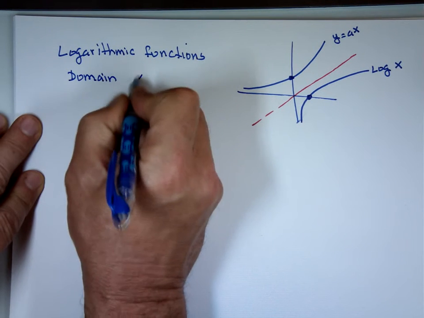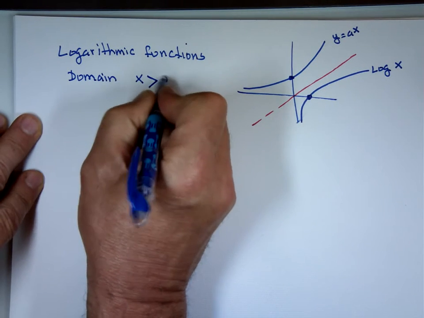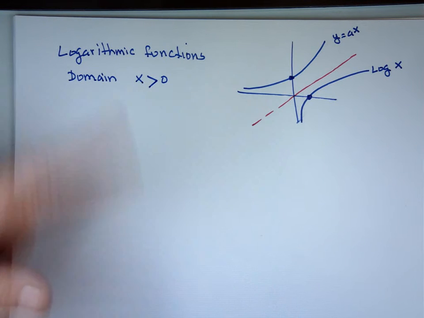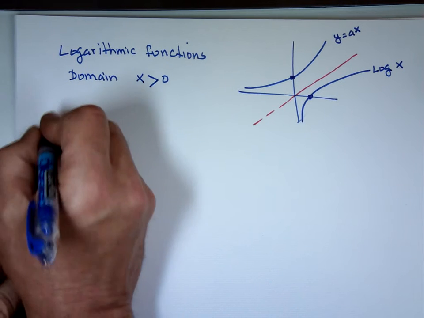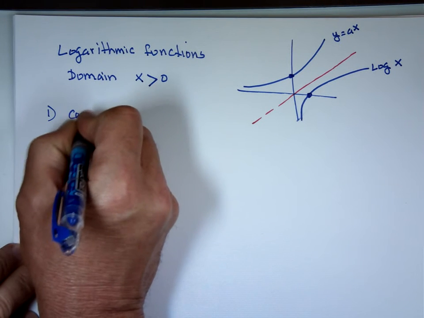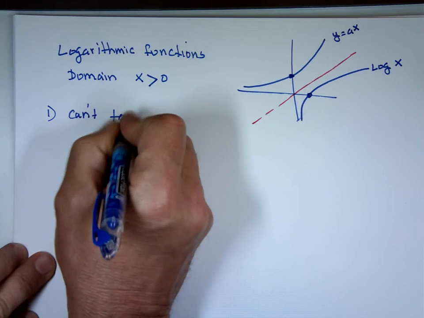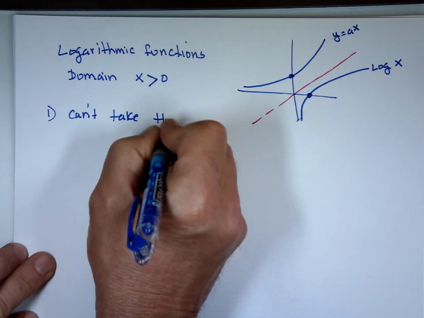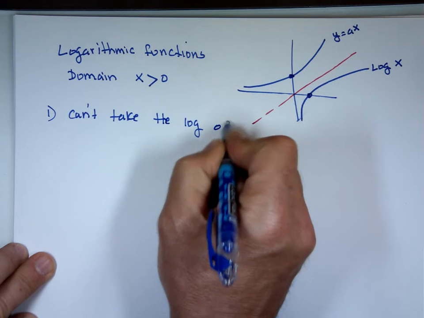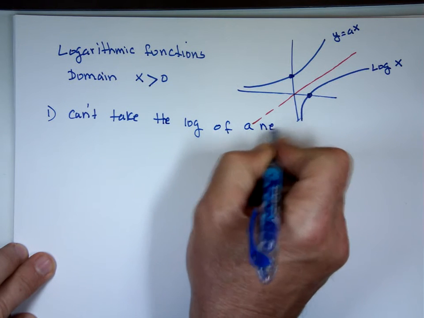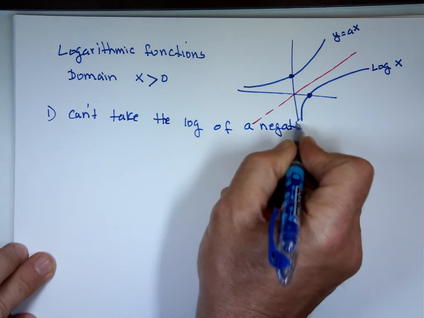X is what? Greater than 0. That means you can't take the log of a negative number or 0. That's rule number 1.